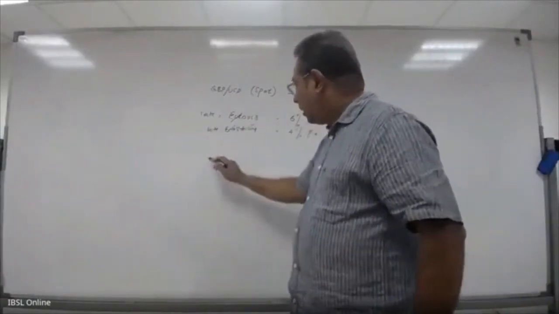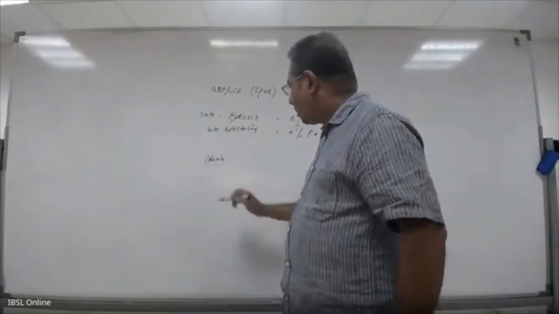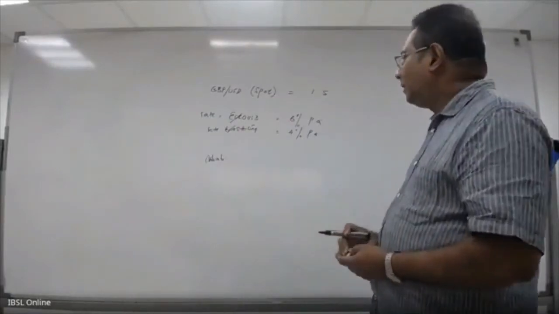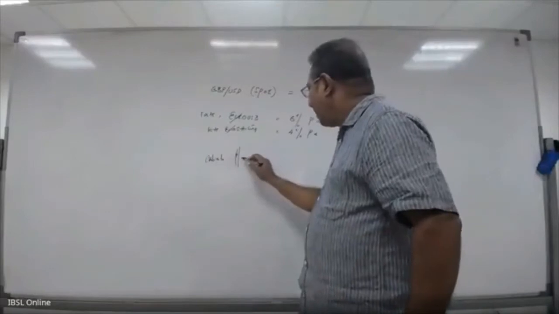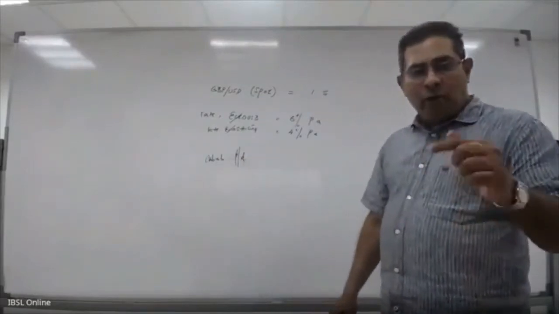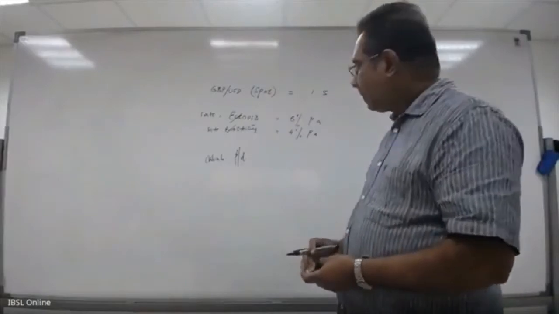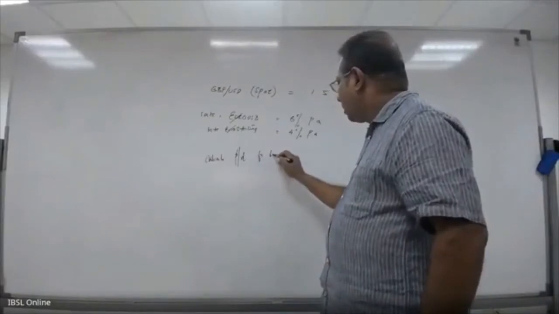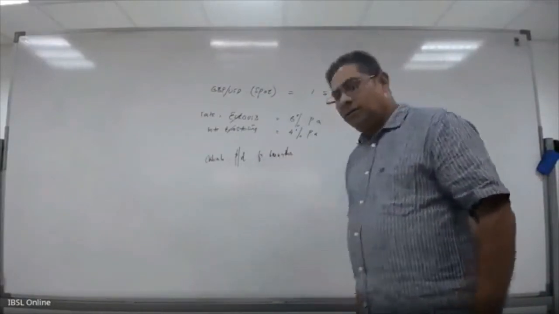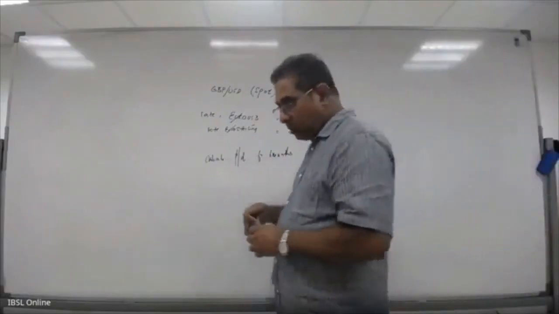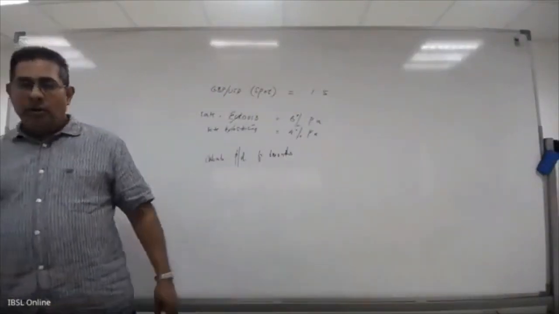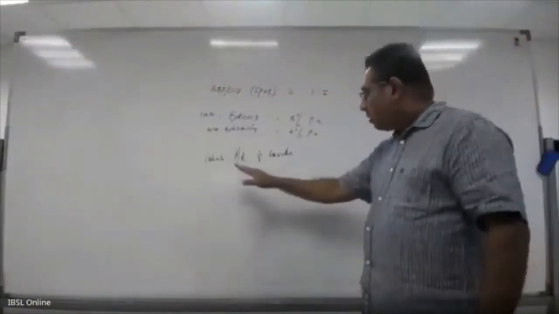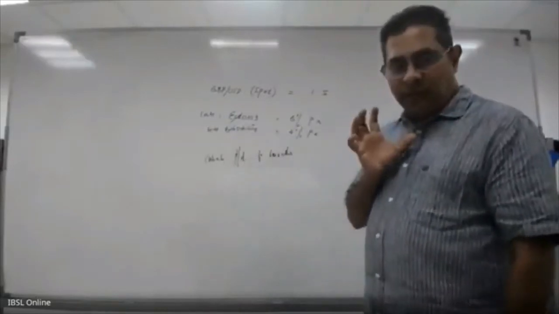Calculate the premium or discount for 6 months. I want either the premium or the discount. You will get one answer. You have to define whether it's a premium or discount, for 6 months.